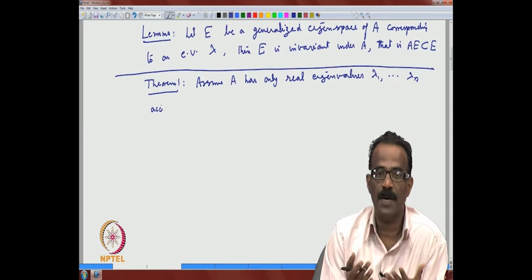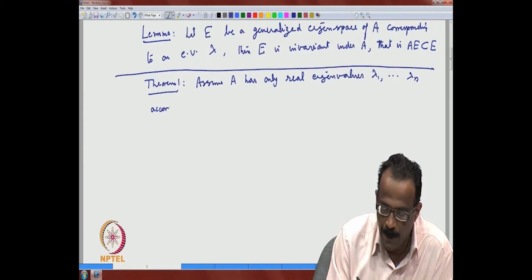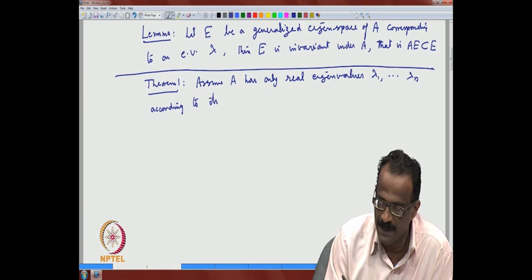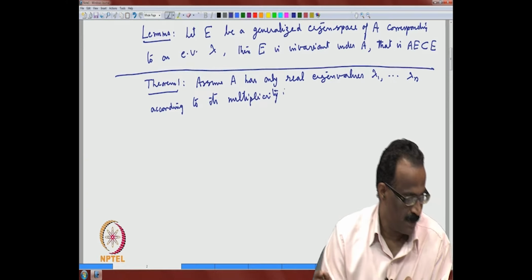So lambda 1 can be equal to lambda 2, equal to lambda 3, according to its multiplicity.